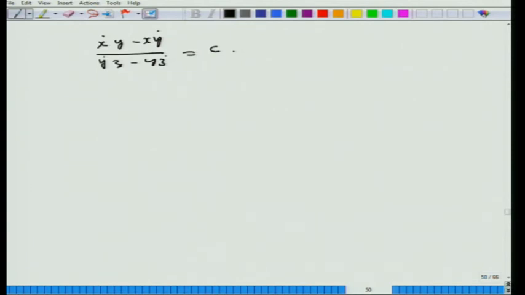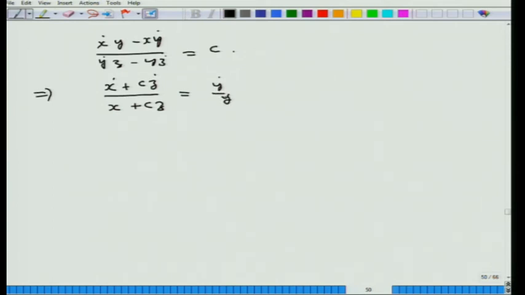Now here, again cross multiplying and solving it, we can write it in this manner: x dot plus c z dot over x plus c z equal to y dot over y.